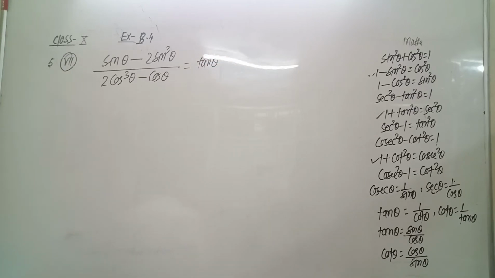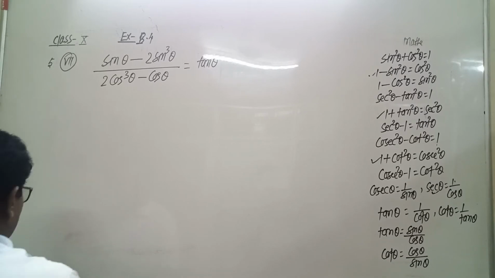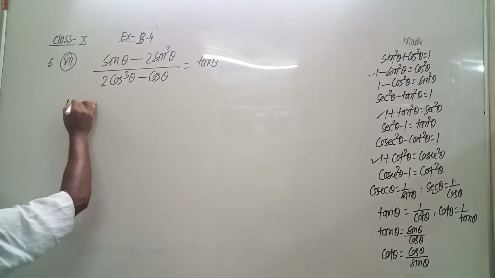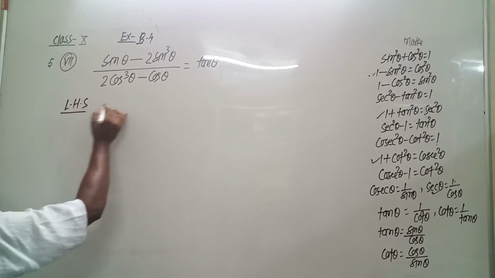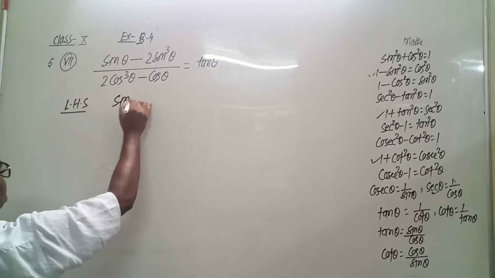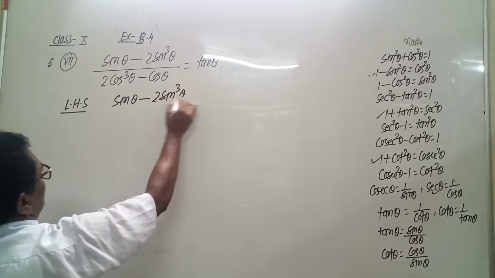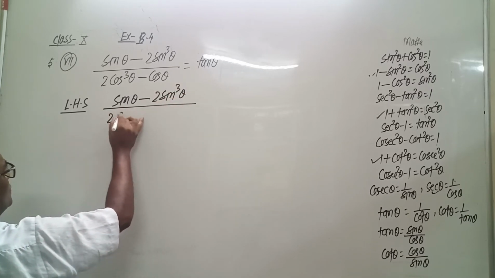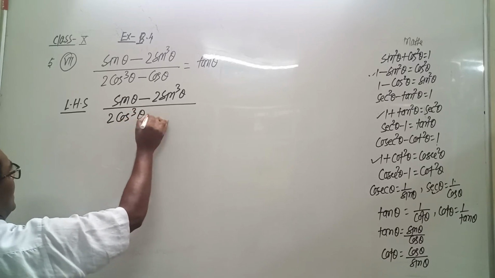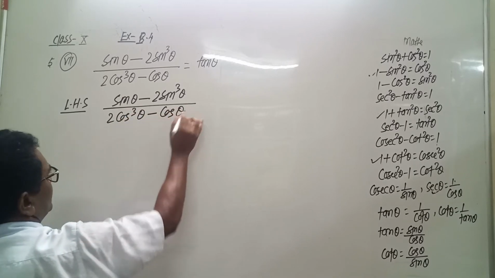So in this question also we expand LHS, we solve LHS. So LHS is sin theta minus 2 sin cube theta upon 2 cos cube theta minus cos theta.